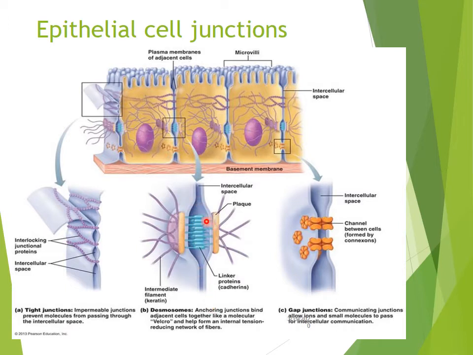These linker proteins are the cell adhesion binding proteins which bind the two lateral surfaces. You have to memorize the names of these linker proteins, which are different in each type of cell junction. So we'll discuss each cell junction.